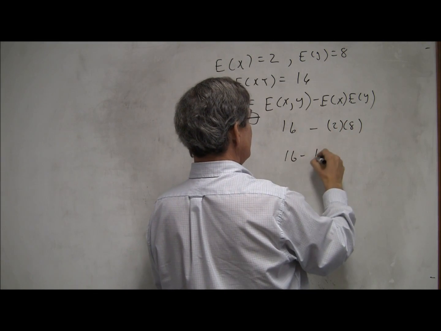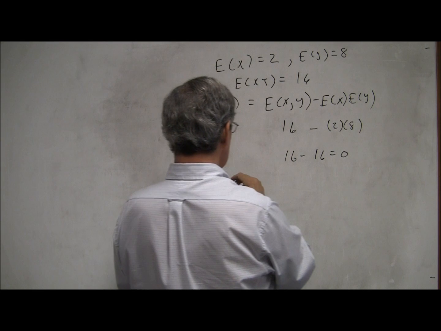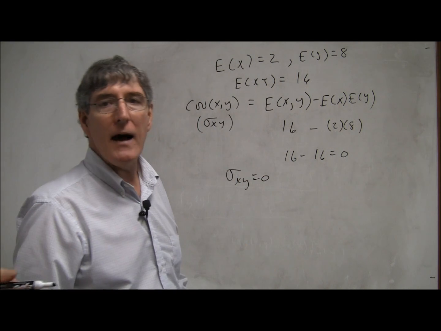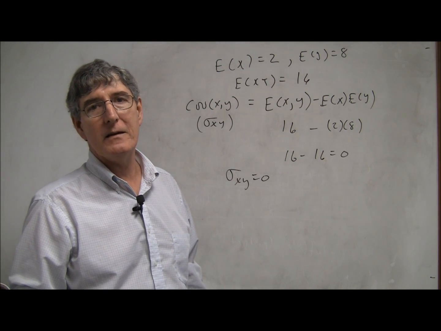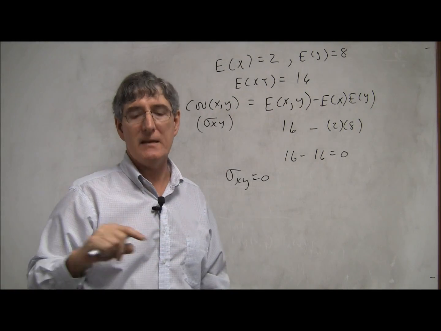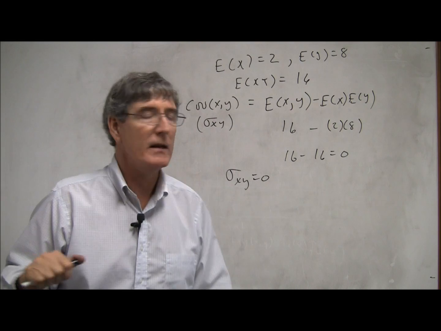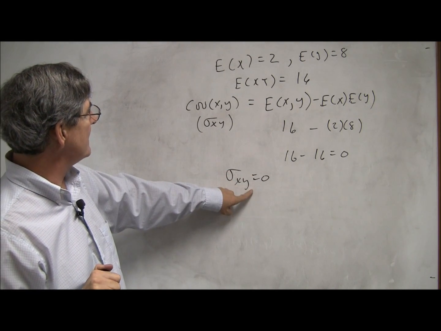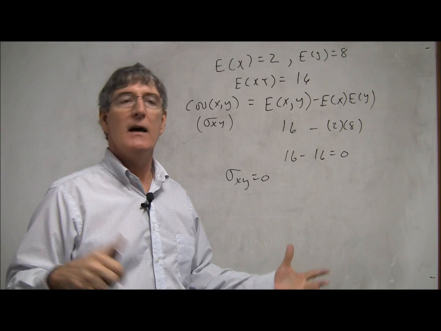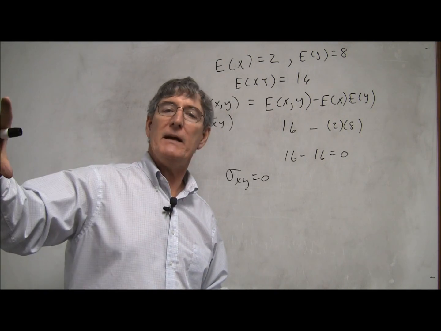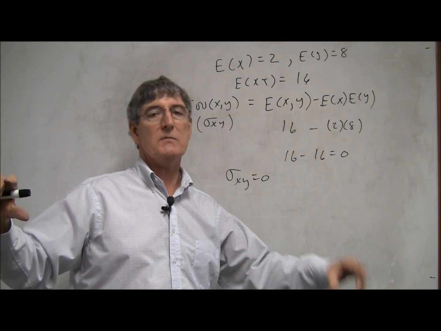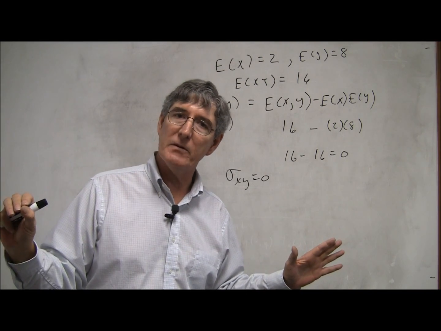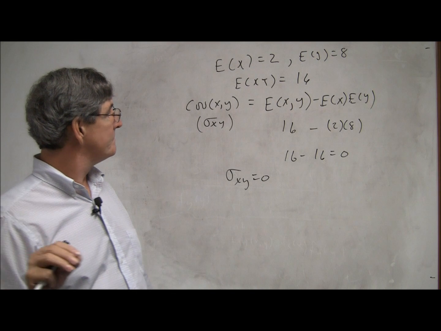So that's 16 minus 16 equals 0. So the covariance is 0. But we know they're not independent because the product of the marginals didn't equal the joint. So this is a case where we have a 0 covariance, but we don't have independence. The other way is always true. Independence always gives you a 0 covariance, but a 0 covariance or a 0 correlation does not always give you independence.